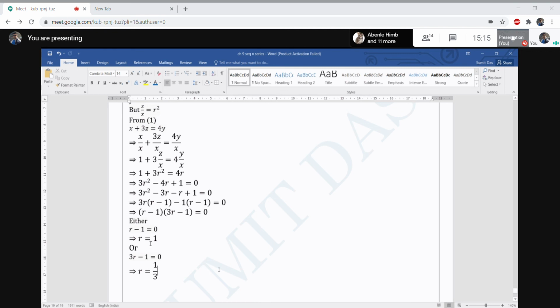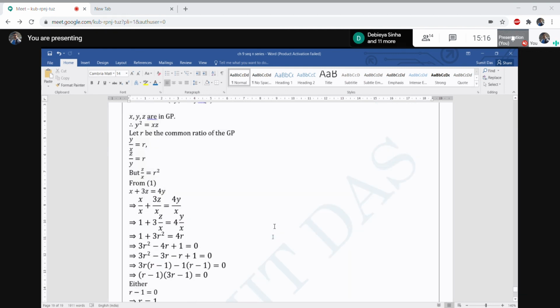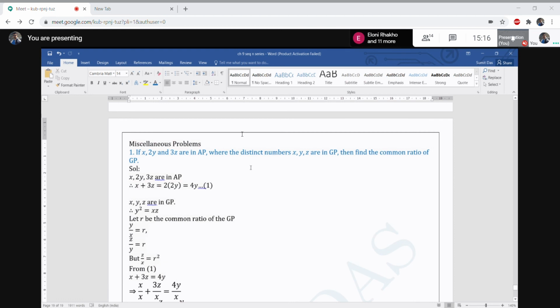r can't be equal to 1, because in a GP if the common ratio is 1, look, here it is saying x, y, z are distinct numbers. If the common ratio is 1, that means the numbers will be the same, because the first number multiplied by 1 will be the same number.